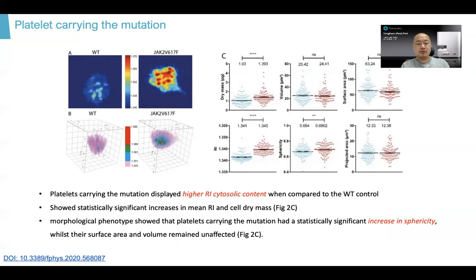So they measured the three-dimensional refractive index tomogram of platelets in the wild type condition as well as platelets carrying the mutation called JAK2V617F. And from those three-dimensional quantitative images in terms of refractive index, several physical parameters, including the dry mass, volume, surface area, projected area, sphericity, and refractive index were retrieved.